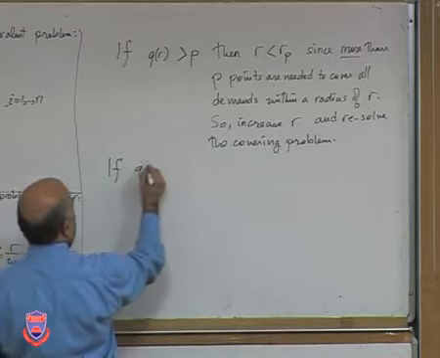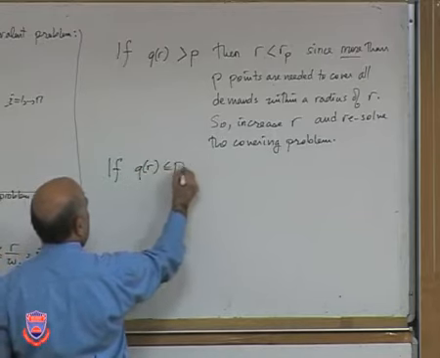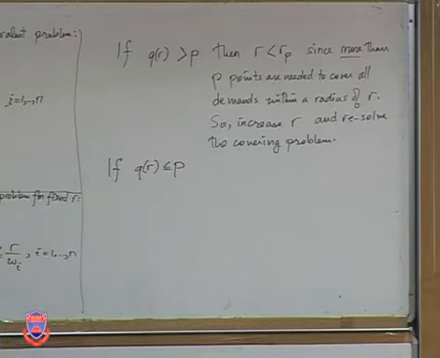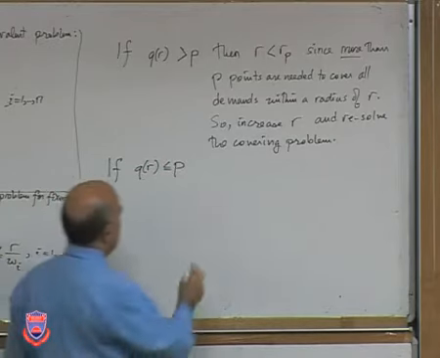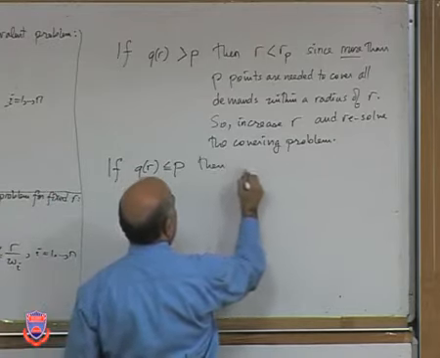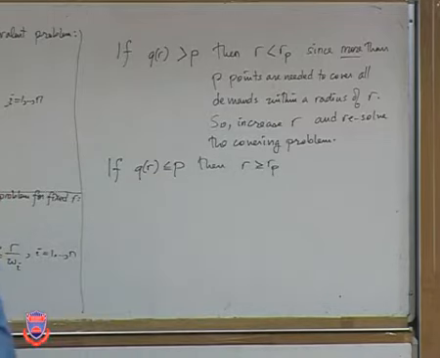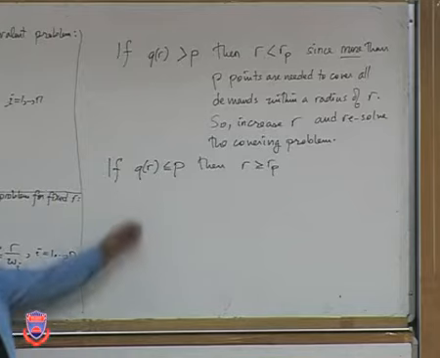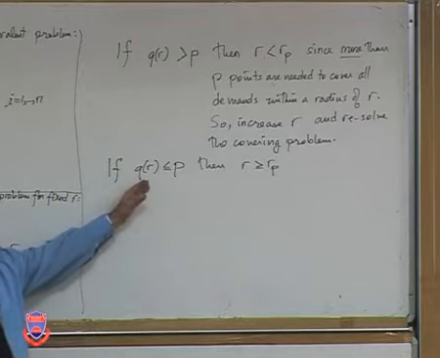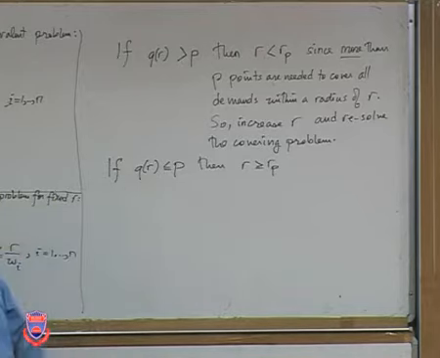If QR is less than or equal to P, then R is the other way around. In other words, it's sufficiently large to permit you to place either P points or less than P points to cover.